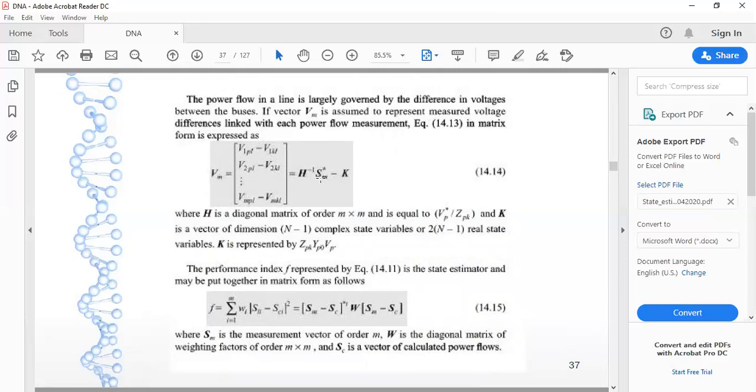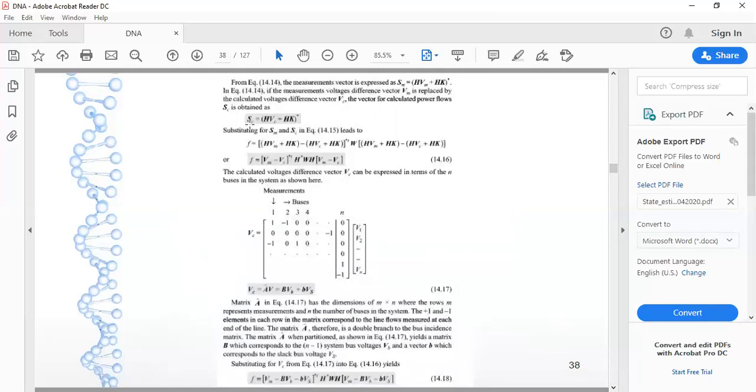Sm conjugate is equal to H into Vm plus Hk. The same thing we have written, that Sc calculated is equal to H into Vc plus Hk. So in terms of Vm we can write HVm plus Hk, while in terms of the calculated value it is HVc plus Hk. The same thing we can write for the transpose as well as for the simple matrix.